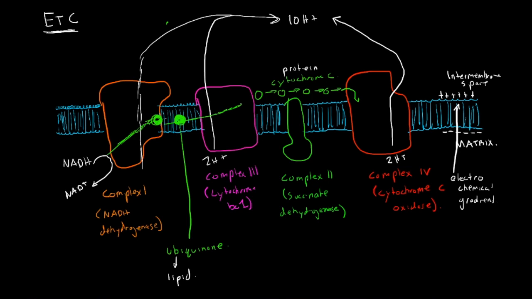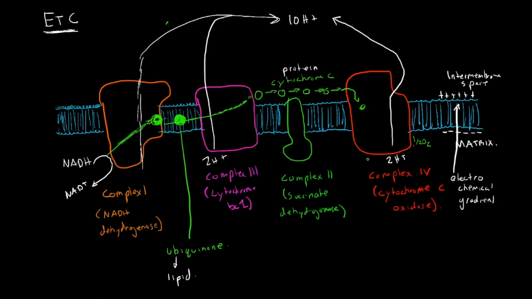Cytochrome C will then take it to complex 3, and then cytochrome C will take it to complex 4 right here. The final electron acceptor is oxygen. So that would be right here, you'd have a 1/2 O2, so your oxygen is right there. And oxygen is known as the terminal electron acceptor.